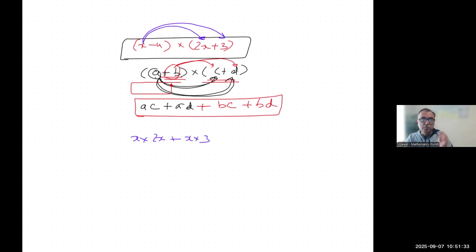This is where you need to be careful. Your second term is a negative. So negative 4 times positive 2x and a negative 4 times positive 3.